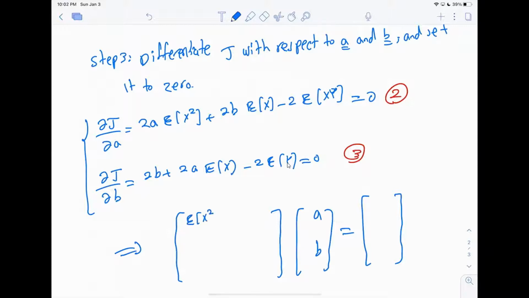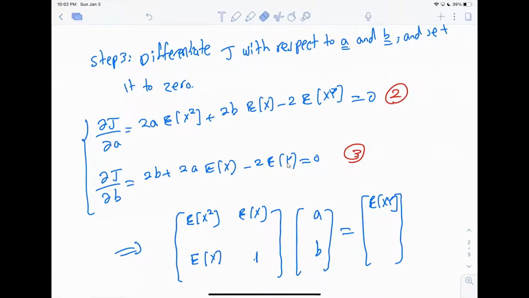Great. So if you divide by 2, what happens is that you get this. This is where the coefficient of a goes, E[x²]. Now this one becomes E[x], and here we have E[xy], and for the second row corresponding to equation 3, we get E[x] and, as a matter of fact, this is going to be 1.